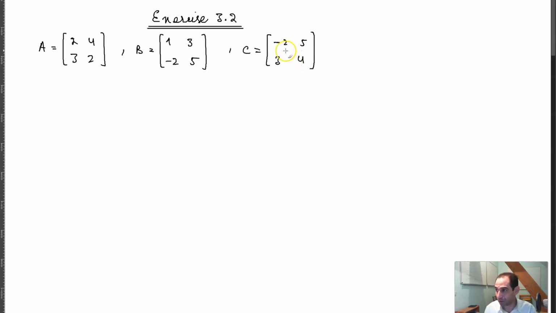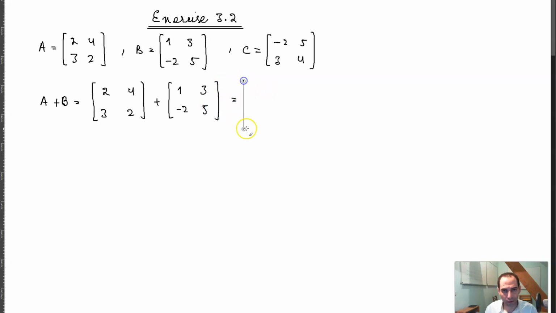And you want to calculate, for example, A plus B. So to calculate A plus B, you can write 2, 4, 3, 2, and B is basically 1, 3, negative 2, and 5.